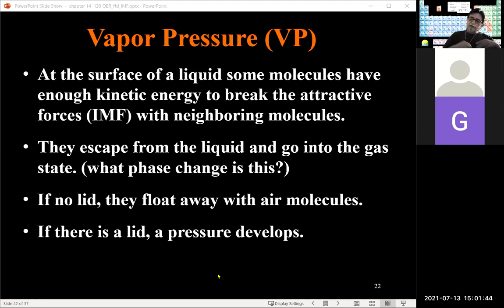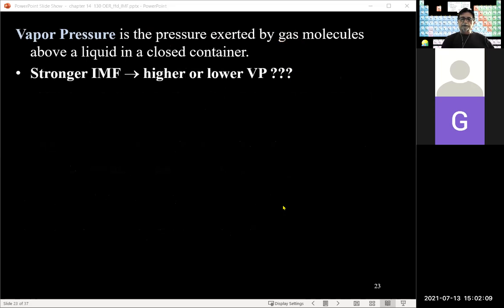But if we cap it, we're going to eventually build up a pressure. Okay, and that pressure is from liquid molecules that have gone into the gas phase. The more material going into the gas phase, the higher the pressure. The weaker the molecules hold on to each other, the higher the vapor pressure. And the opposite is true, the converse.